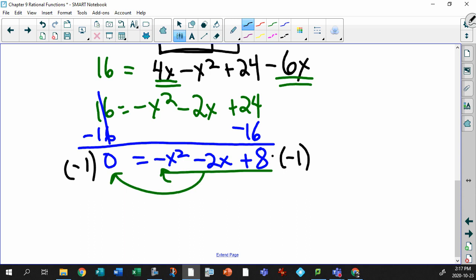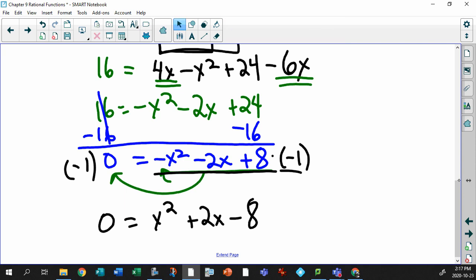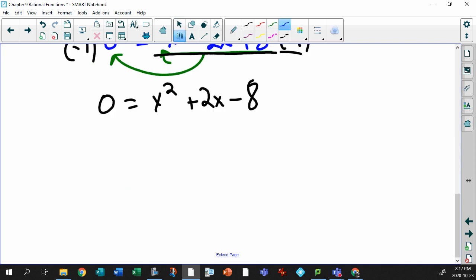And look what happens. The -1 times 0, still a 0. This changes every sign over here to give you x squared plus 2x minus 8. Look how pretty that works out. Now you can simply factor this one in your head, right? You got x minus 4, x plus 2.